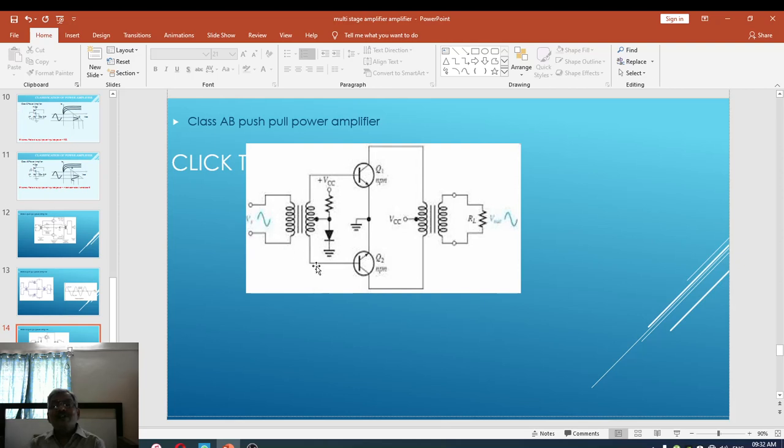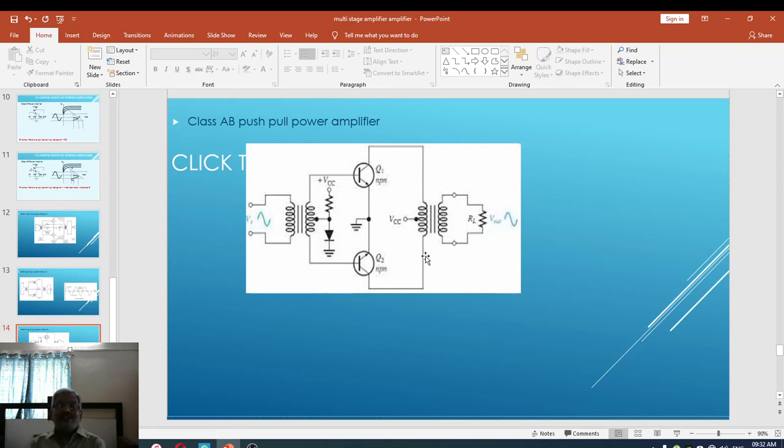The secondary windings are connected to the bases of transistors Q1 and Q2, whose emitters are connected with each other and grounded. The collectors of both transistors are connected to the primary winding of transformer T2, known as the output transformer, or sometimes called the driver transformer. Across its secondary, load resistance RL is connected, across which we are going to get the amplified output power.